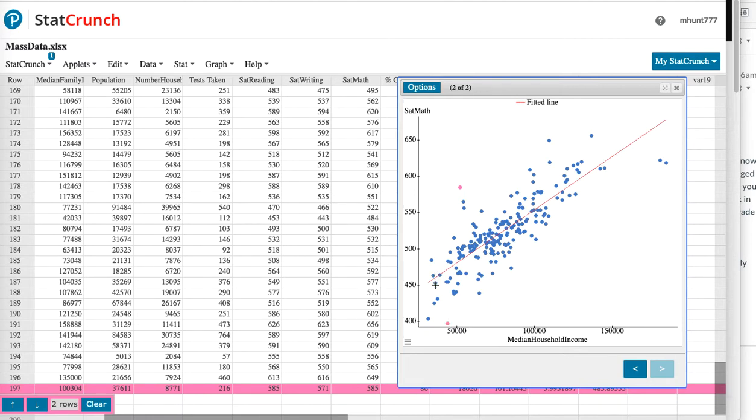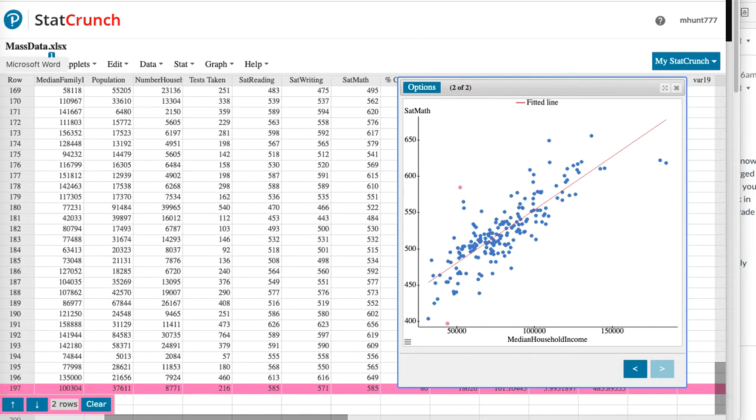It has done very poorly in terms of math SAT scores compared to other cities and towns that have the same median family income. And this one is doing rather well in terms of math SAT scores compared to other cities and towns that have the same median household income.